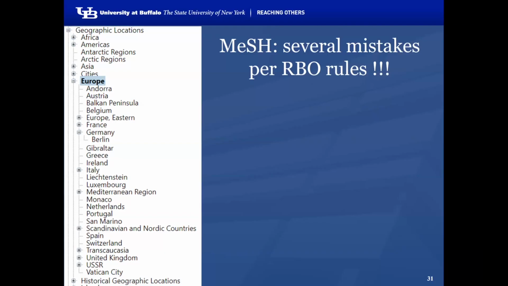Well, no, actually it isn't. So for instance, look here at Europe. If MeSH were a realism-based ontology, what would be wrong with having Europe here? Can you tell me?